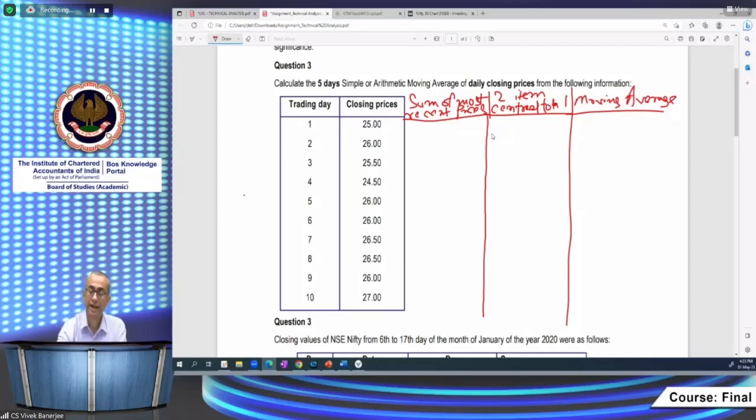Sum of 5 most recent prices. You have to add all these: 25 plus 26 plus 25.5, 24.5, 26.5. Let us calculate it for the first 5 days. So it is coming to about 127.